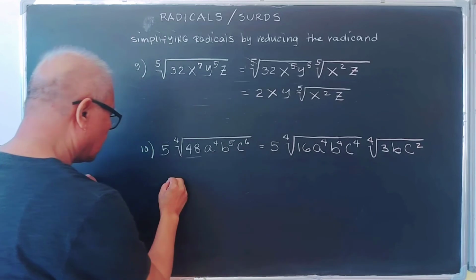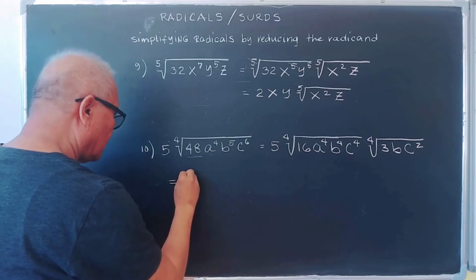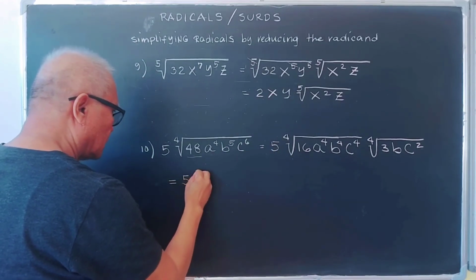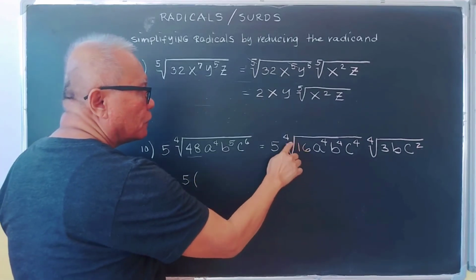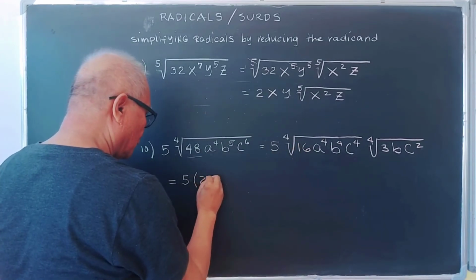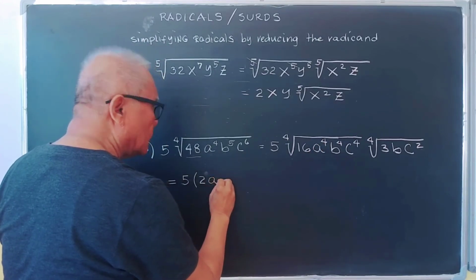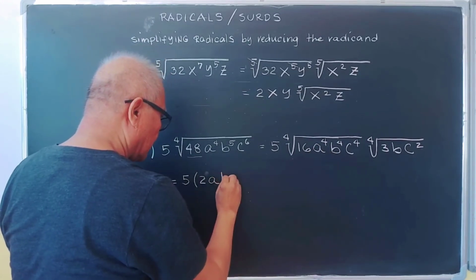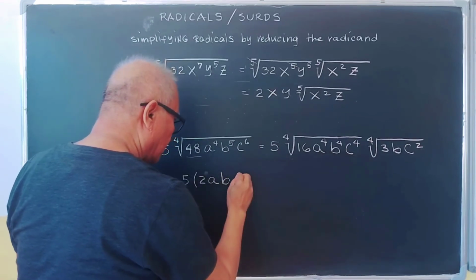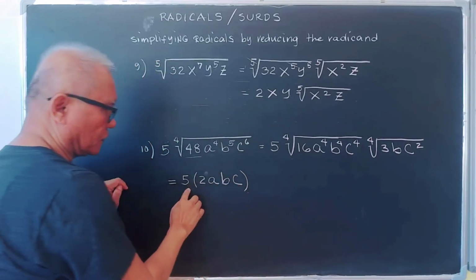Equals. So let's have equals here. We have 5 times 4th root of 16 is 2. 4th root of a to the 4th is a. B to the 4th is b. C to the 4th is c. 5.